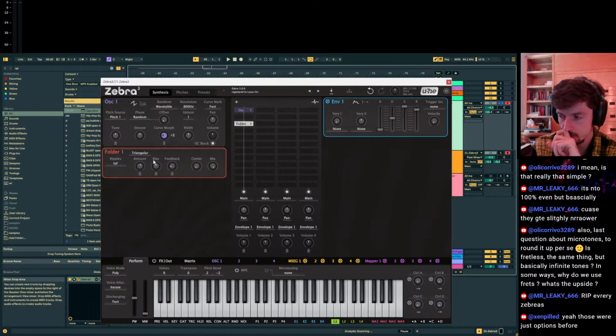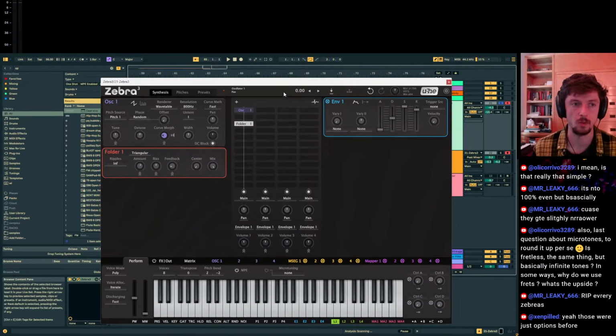In some ways, why do we use frets? We use frets because it's difficult to know exactly where to put your finger on the board. It takes a lot of skill and it's hard to do. And it also keeps it in tune with other instruments and stuff like that. It's just way easier.